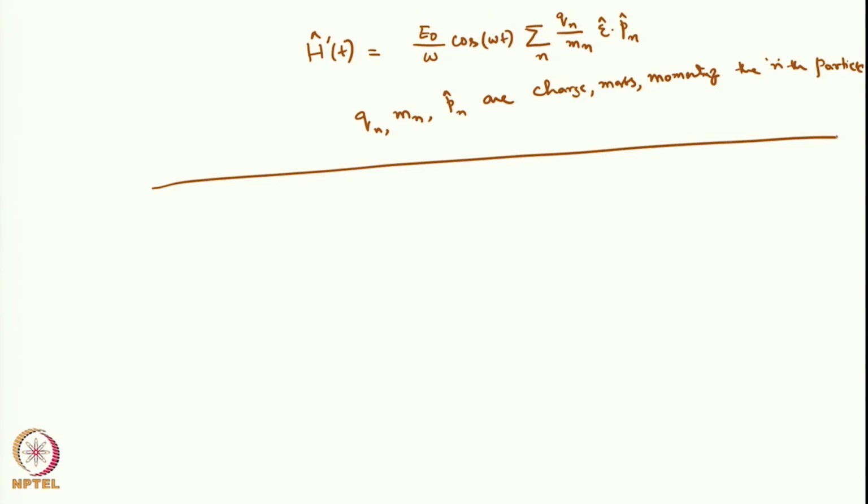Now, if you go back to the coefficient or the probability, P of t, that is the probability of f, it is equal to 1 over h bar square, modulus square of the integral from 0 to t prime of e to the power of minus i omega_if t, integral f H prime of t i, dt.